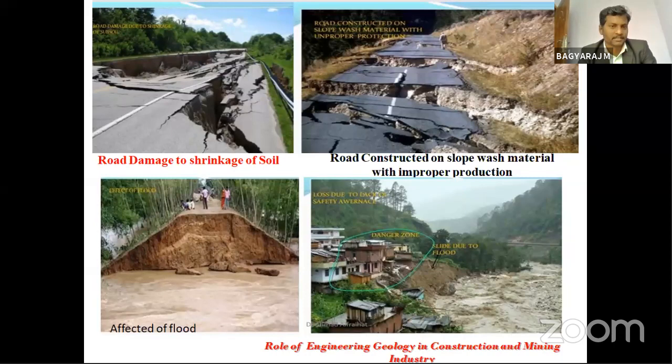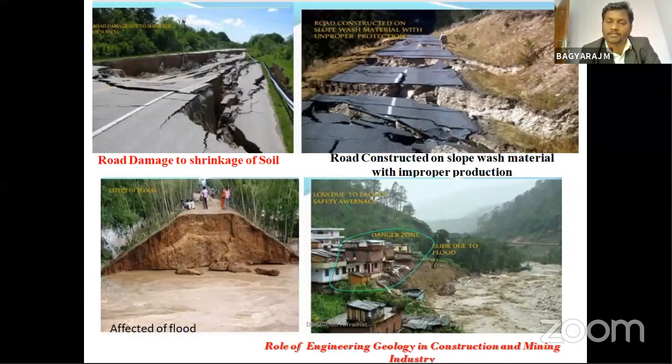The main reason behind all these problems is the lack of proper pre-investigations. The first image shows a lack of soil investigation. The second is a lack of slope investigation. The third is a lack of hydrological investigation.